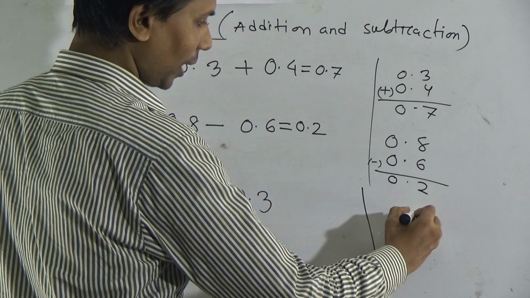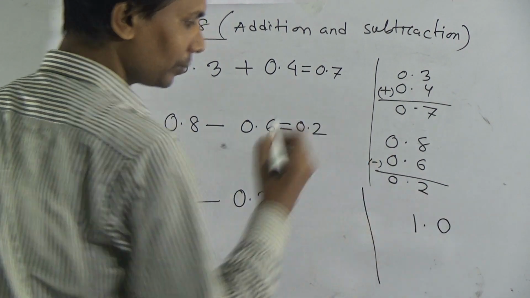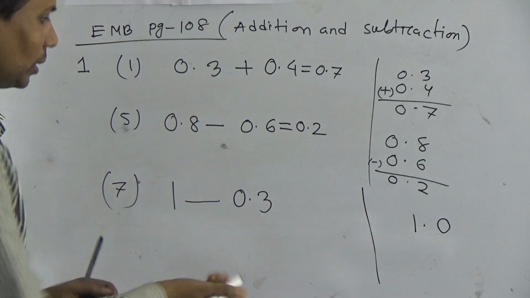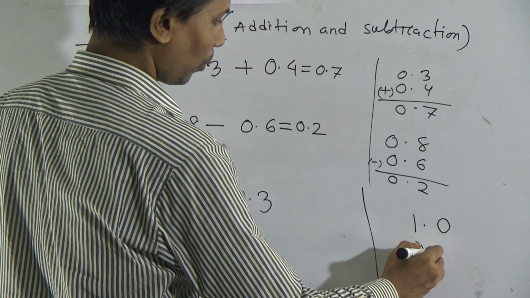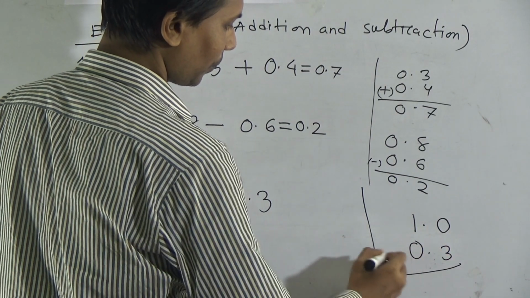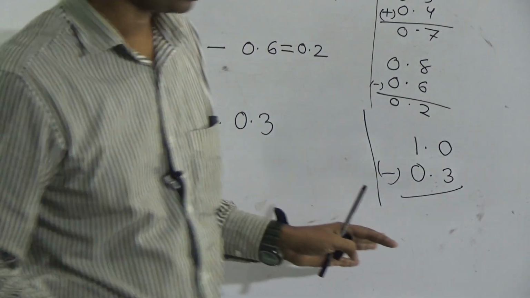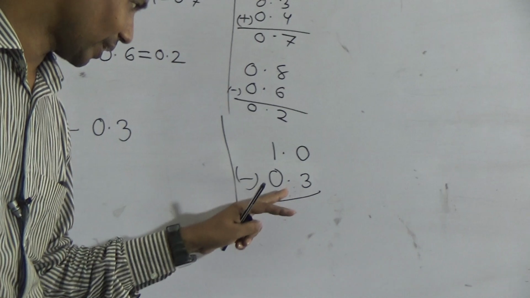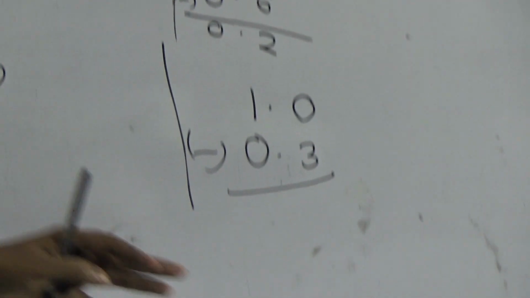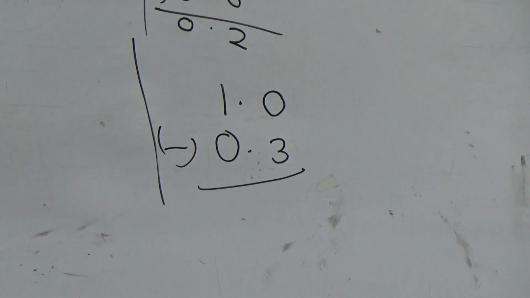Look, 1 is an integer number, so we can write 1.0. That means 1. 0.3 right here. This is subtraction. Dear student, you don't confuse here, because I think you may confuse, sir, there is a point. No problem. You subtract as the normal subtraction.